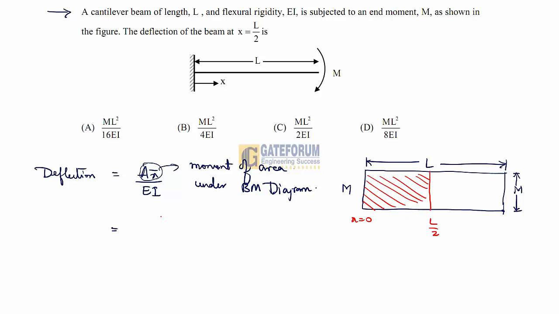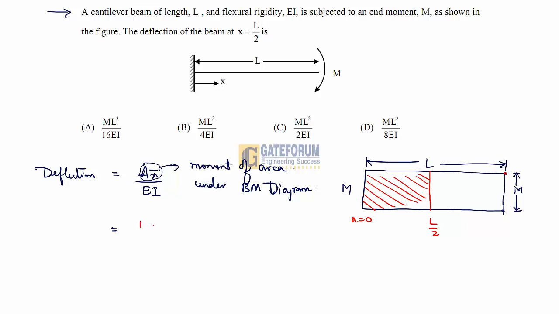So this area is equal to M into L by 2, into the centroidal distance, which we need to measure from the free end. Area A into x bar divided by EI is the deflection.